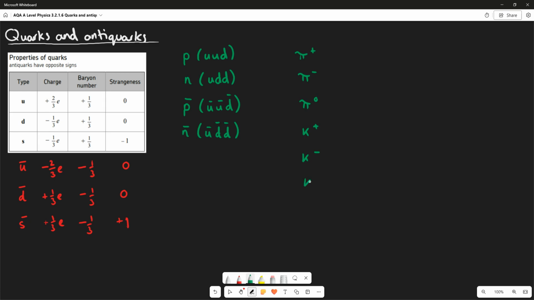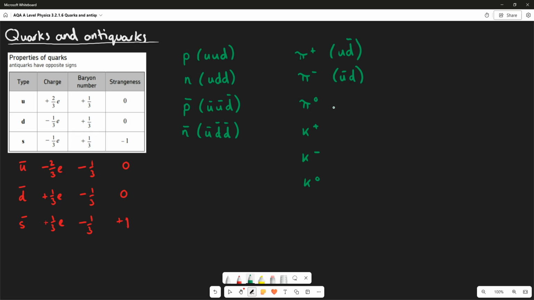Kaons. There we go. So the positive kaon is an up and an anti-down. So notice that that would be plus a third and then minus a third. The negative pion would be anti-up, down. Notice that these are antiparticles of each other.